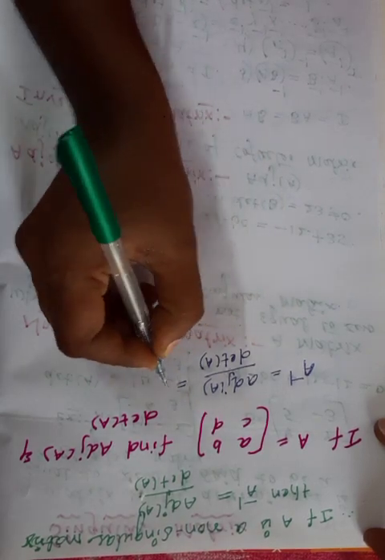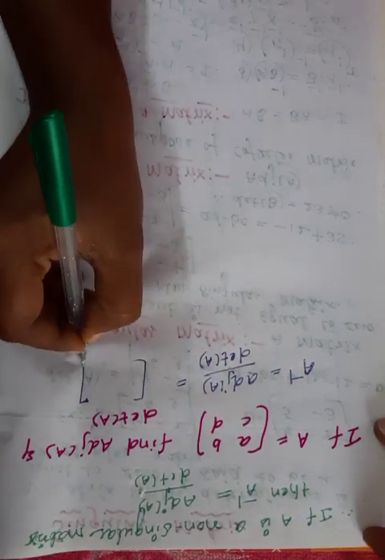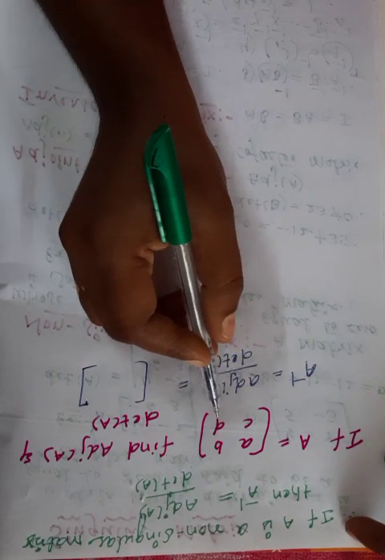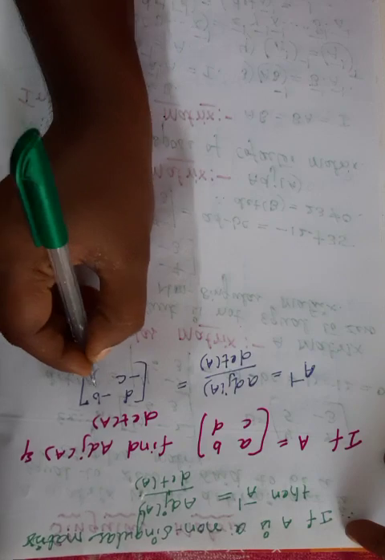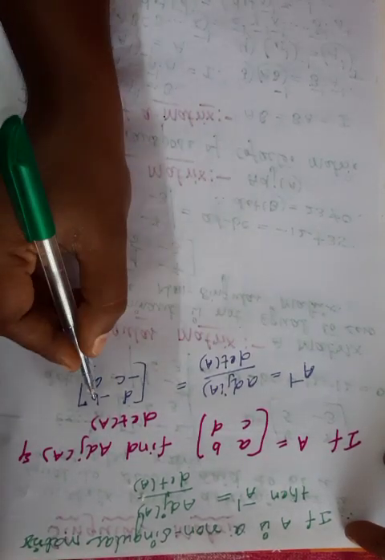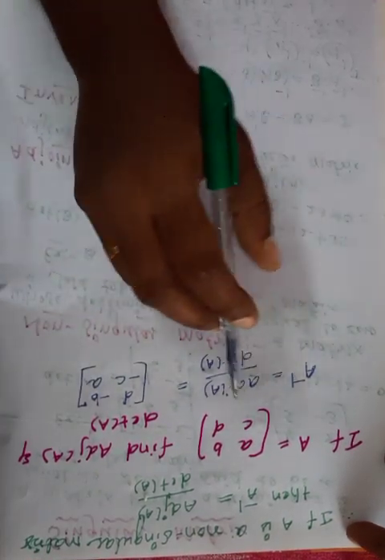Here adjoint of A is, we have to remember, [D, minus B; minus C, A]. This is the adjoint for every 2 by 2 matrix.